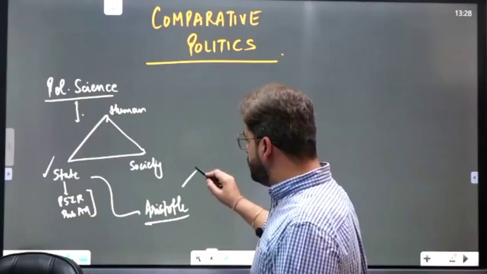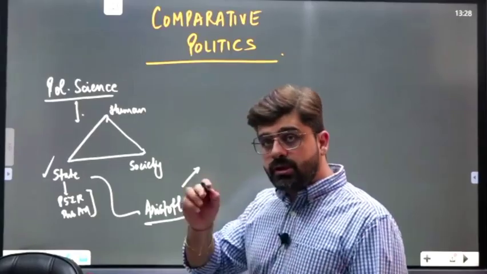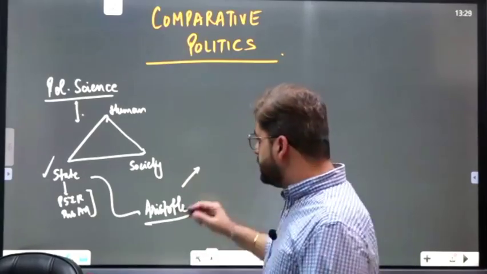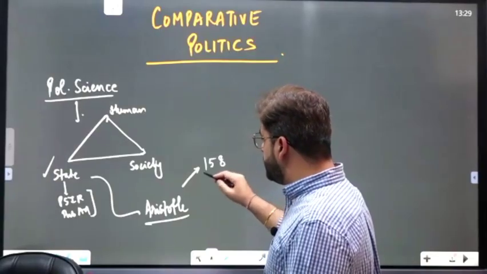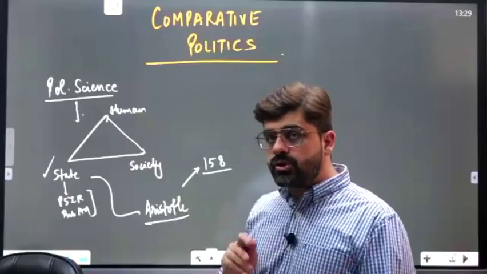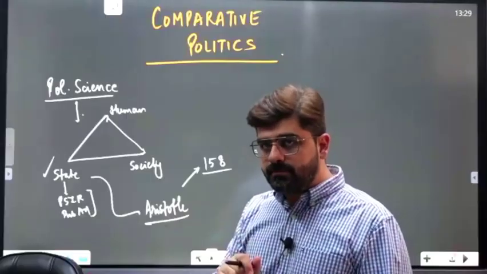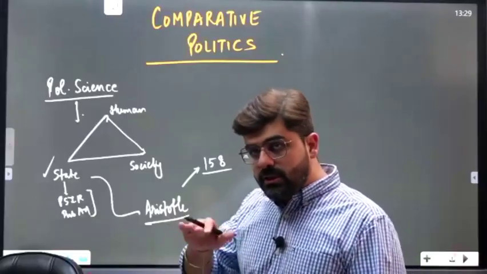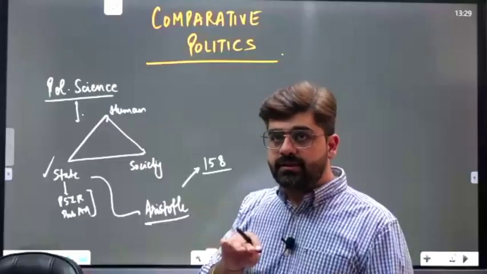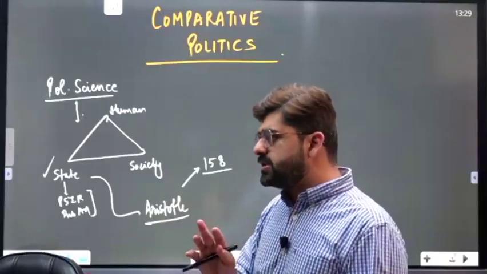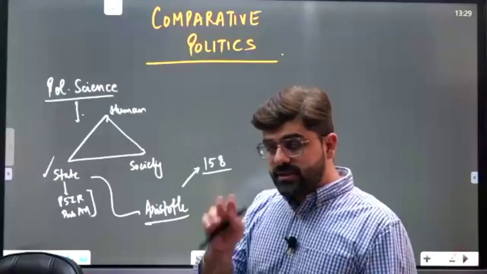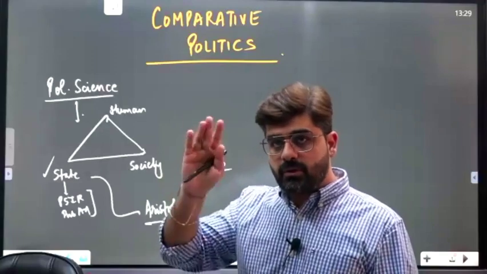He is the one who, in his theory of revolution and in his theory of constitution, is going for analysis of close to 158 constitutions which were prevalent during that time. When Aristotle is comparing the various constitutions or the governments or the systems, I'm using them interchangeably, present during that time, I'm talking about the ancient Greece.